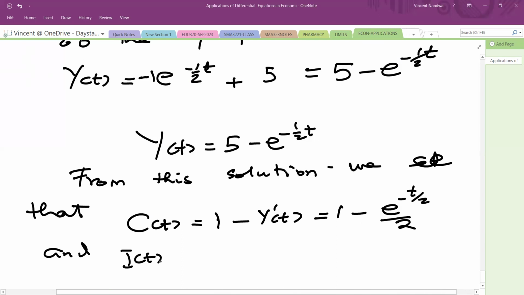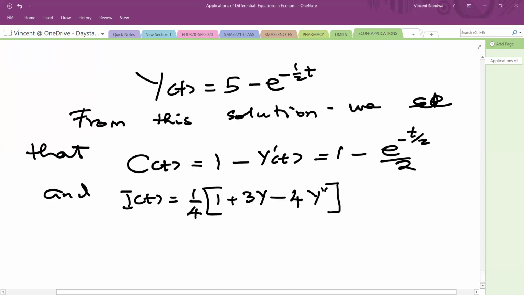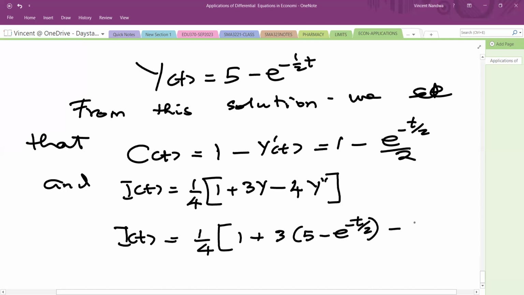And the I function will be a half into 1 plus 3y plus minus 4 times the second derivative of y, which on substitution gives I of t equal to a quarter into 1 plus 3 times 5 minus e raised to the power negative t over 2, minus 4 times minus e raised to the power minus t over 2 over 4.